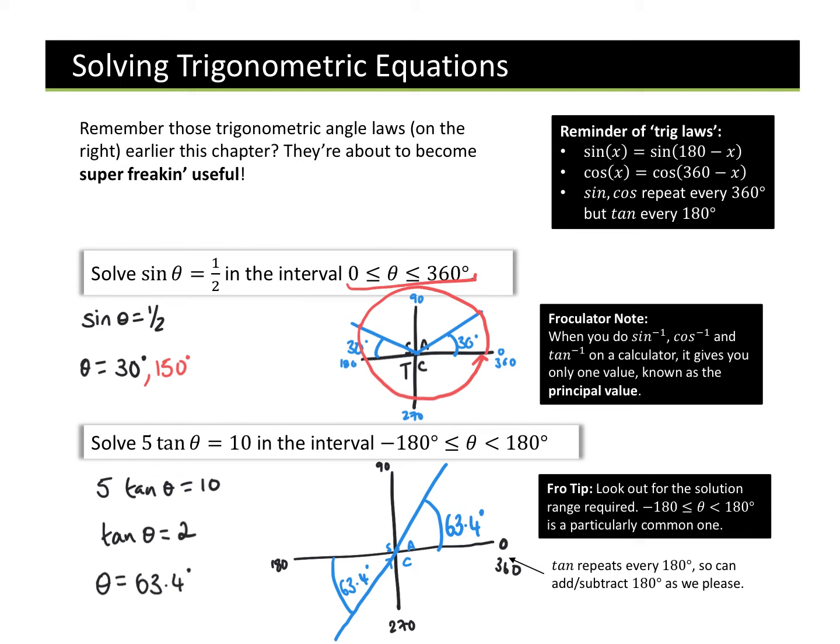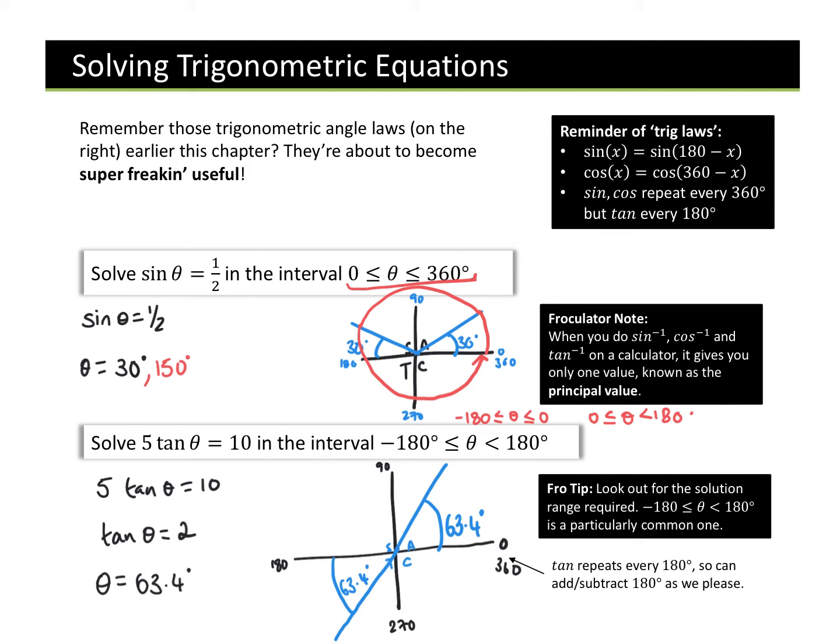Step 2, we look at the interval. The interval says between minus 180 and 180. With the cast diagram, I'm just going to start with the positive. Is everyone happy I could break this up? We could do minus 180 less than or equal to theta less than or equal to 0, and 0 less than or equal to theta less than 180 degrees.